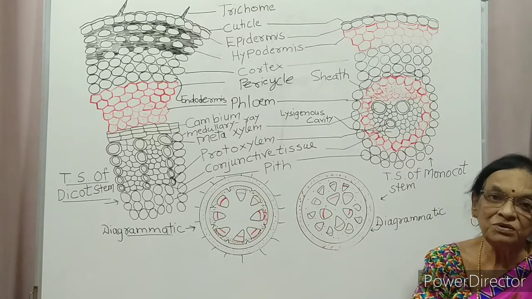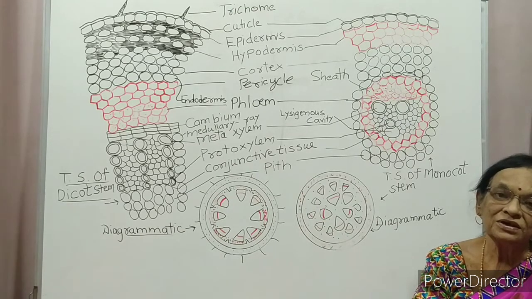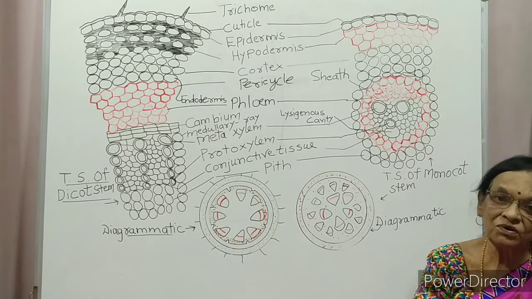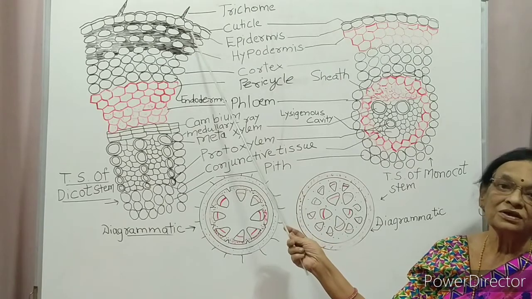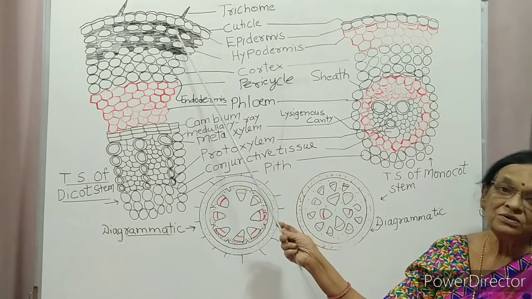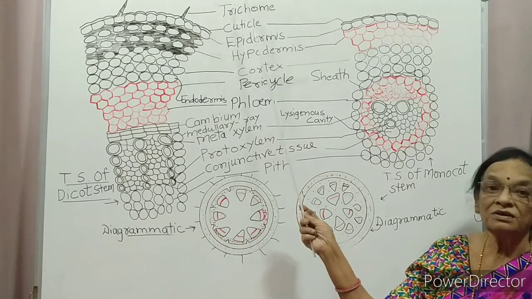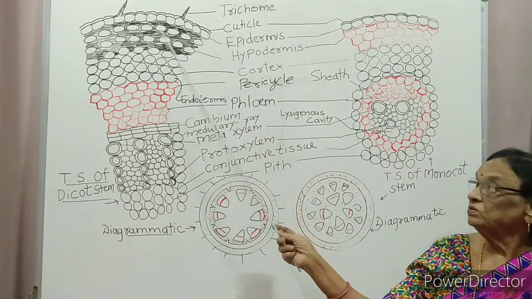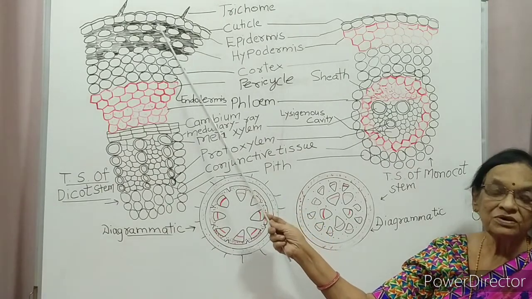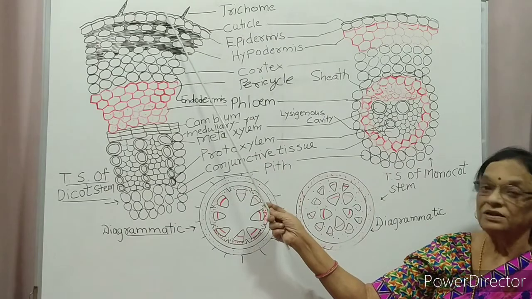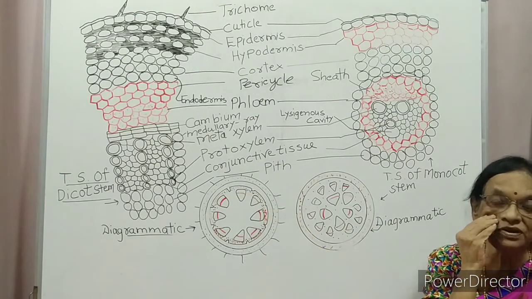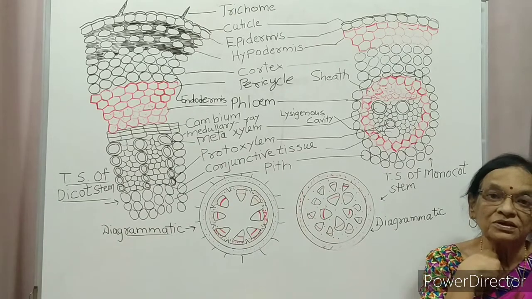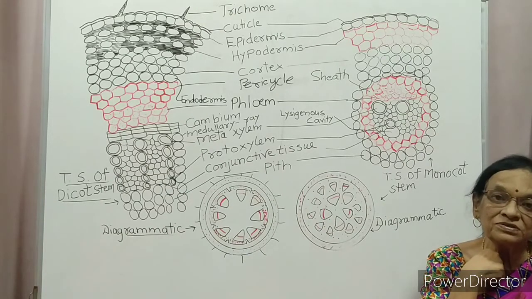The stem has to remain the whole day in sunlight, so evaporation of water is prevented by the cuticle and multicellular hair called trichome. So two characteristics, which two? Cuticle and multicellular hair prevent transpiration from the surface of the stem.